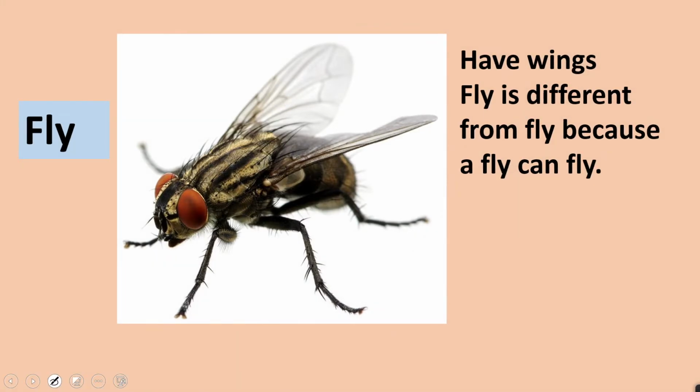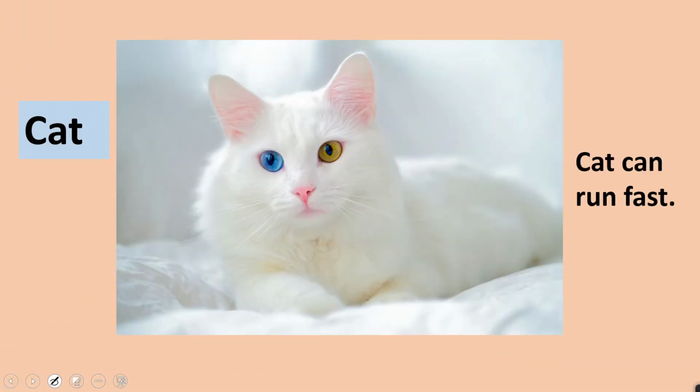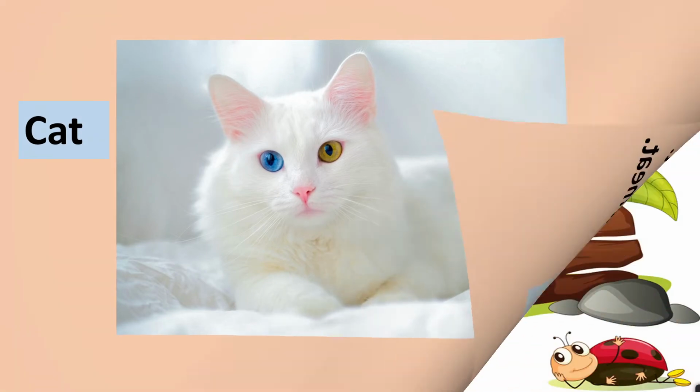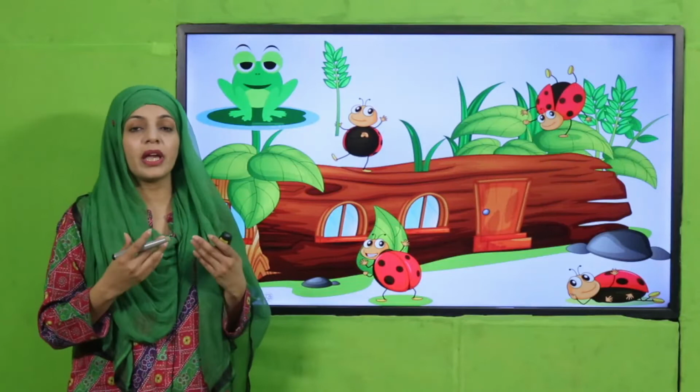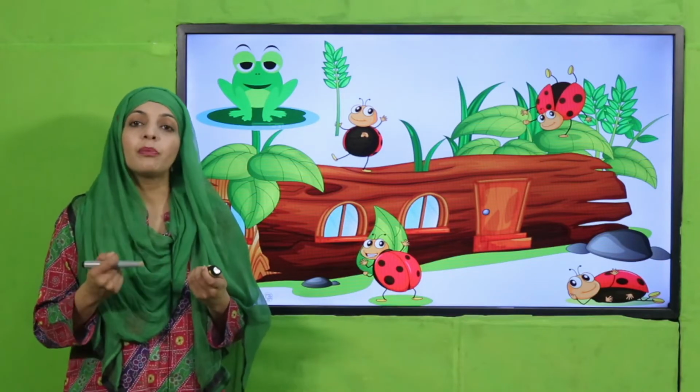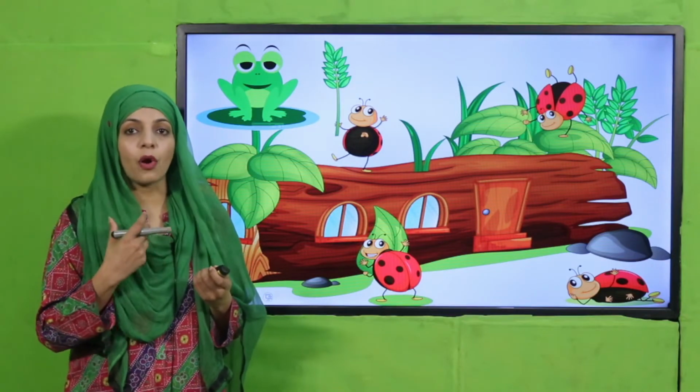Fly is different from hen because it can fly. Then next is cat. Cat can run fast. It can eat meat. So these are the differences और ये आपको answers इन्हीं questions में मिल जाएंगे. So you can pause one by one and answer the questions from these pictures.